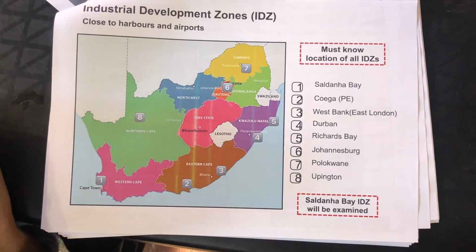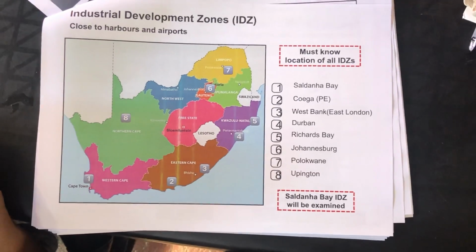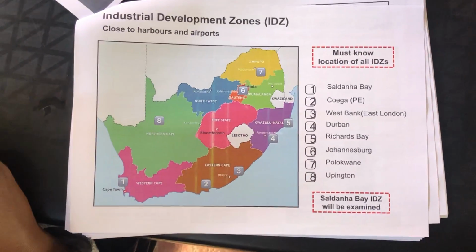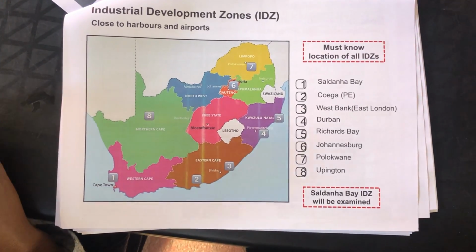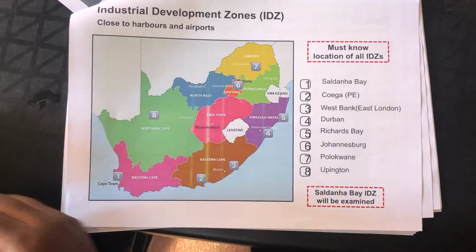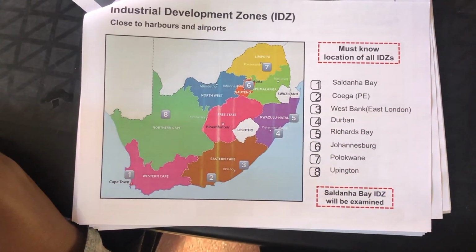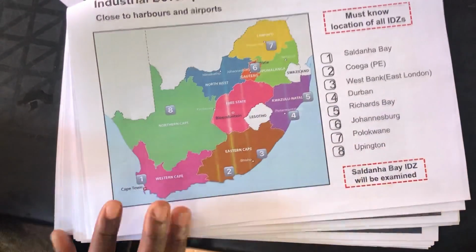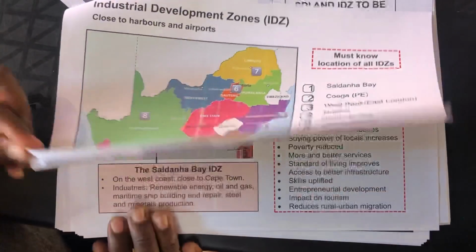After 1994, the government implemented the IDZs, the industrial development zones, which must be close to harbors and airports as a way of promoting industrial development. And all those numbers, 1, 2, 3, 4, you can actually see the type of IDZs that are there. And you need to know the location in regards to the map as you prepare for your examination, boys and girls.